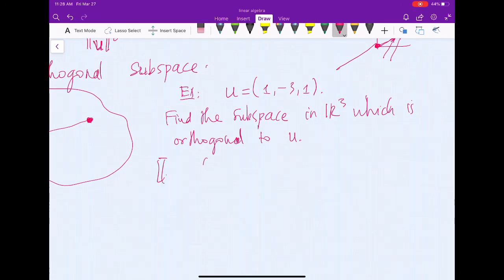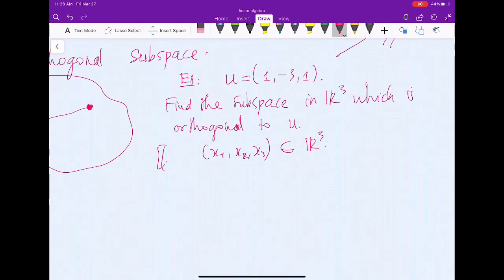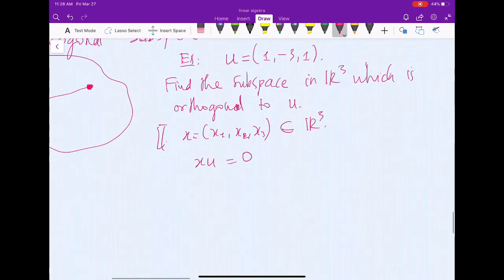So I can pick (x1, x2, x3) as an arbitrary point in R3. And I will take the dot product of x and u, and I set it equal to 0. Doing so, I can find all x1, x2, x3 such that x is orthogonal to u.